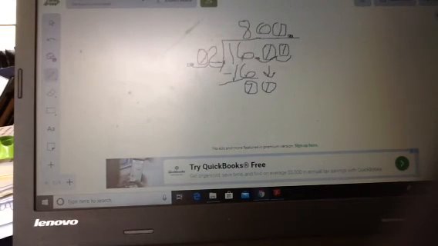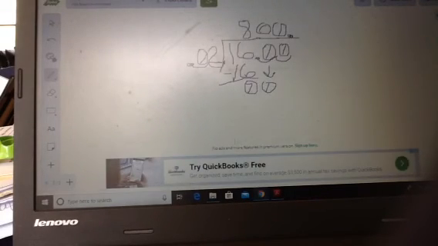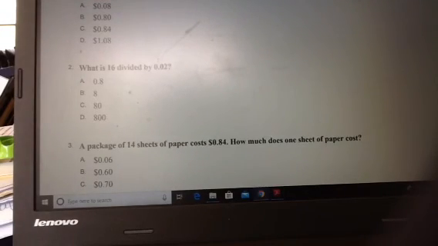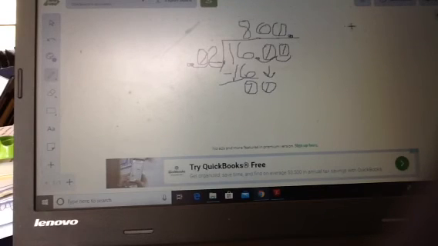So that tells me that I have 800. So when I go back to look at my original problem, boom, there it is, 800. So what is 16 divided by 2 hundredths? It is 800. Okay? So just to double check your work, you can go back in and multiply that, 800.